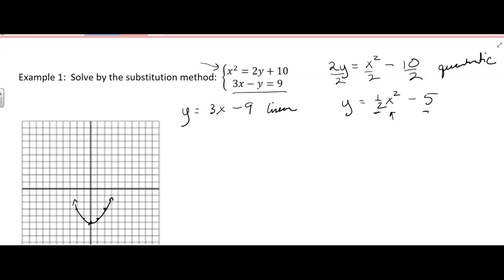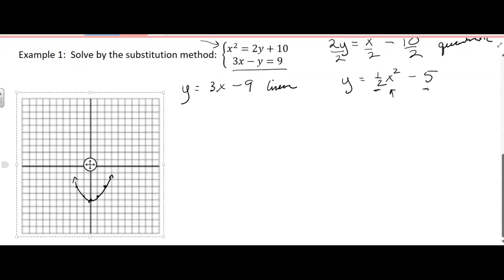All right. And then I could say minus 9 is the y-intercept, and it has a slope of 3, so up 3 and over 1. And so this line is going through kind of like that. Okay? All right. So that's great.